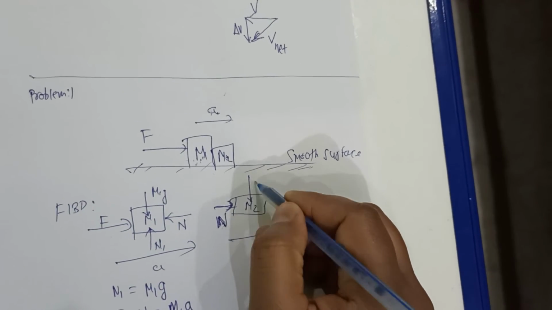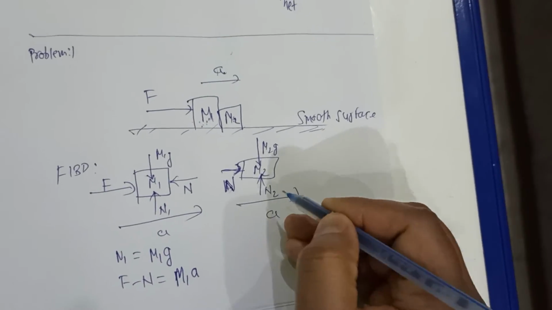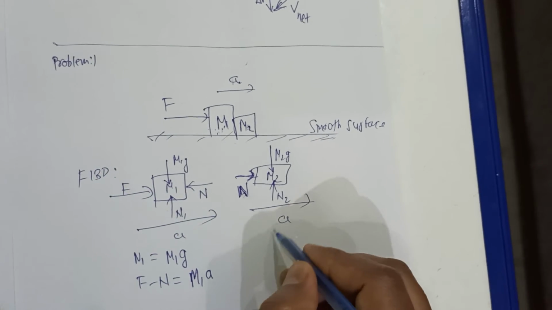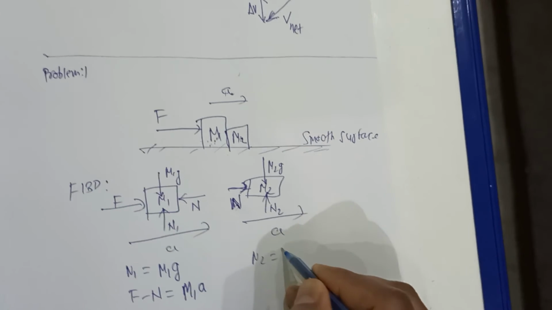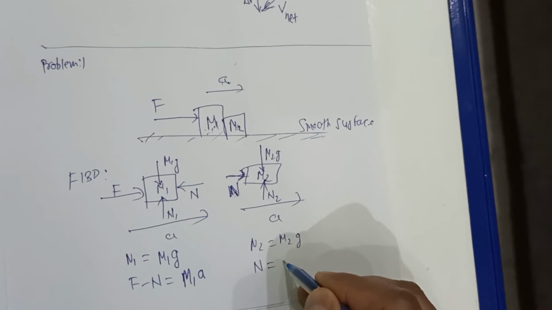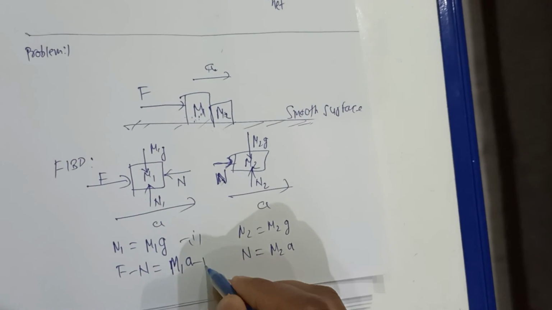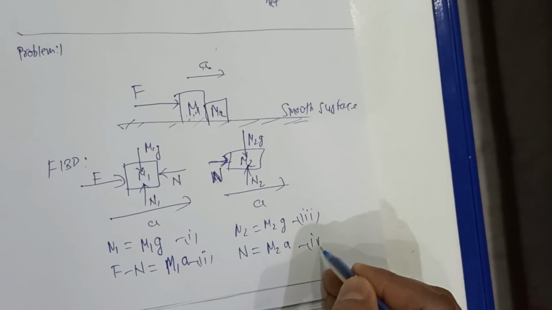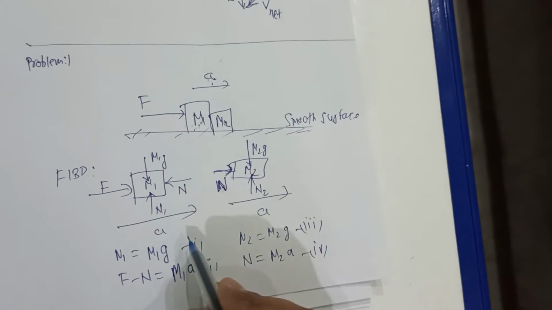There is one weight m2g and one normal force N2 acting on it, because of which it is staying on the surface. So again we will apply Newton's second law. We will get N2 equals m2g, and N equals m2a. So we have got four relations, and using these four relations we will find out the value of A and N.